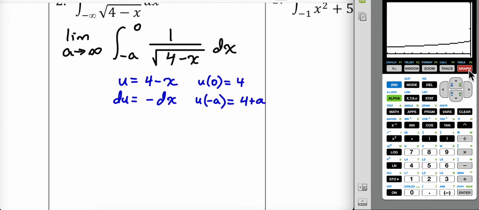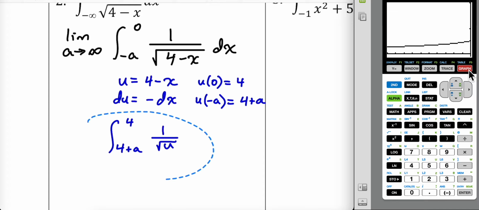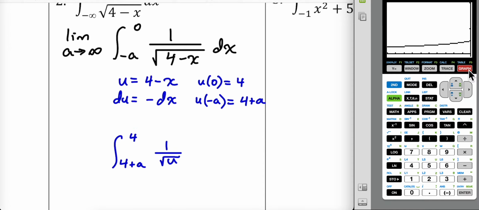All right, so I'm looking at 4 plus a to 4 of 1 over the square root of u. Now I need to swap out the dx, so I'm going to negate both sides, so negative du is equal to dx.